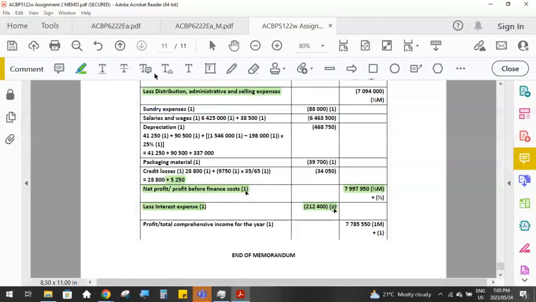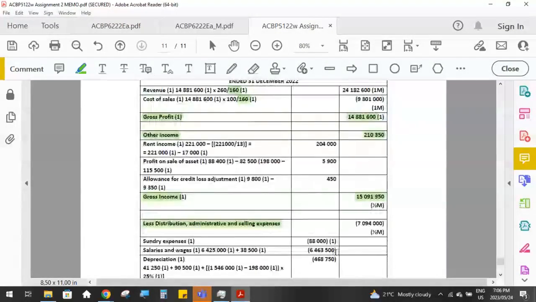They said provide for interest of 212,400 for the year ending. That was the interest on our loan. And then that's always your last expense that you record, and then underneath that, your total comprehensive profit or loss for the year.